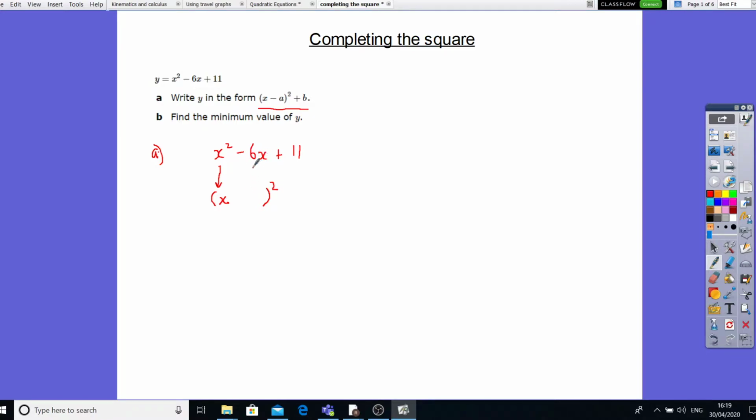Now, in this corner, we halve the coefficient of x. You would have learnt this at GCSE and the beginning of A level. So we halve this coefficient of x, and half of minus 6 is minus 3.